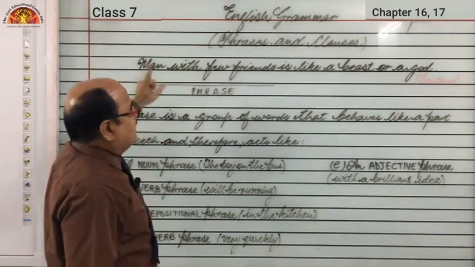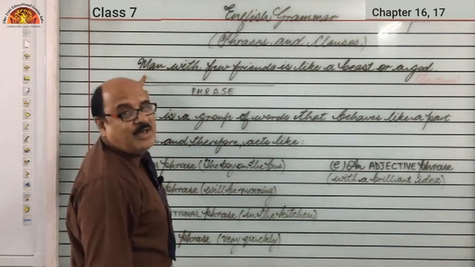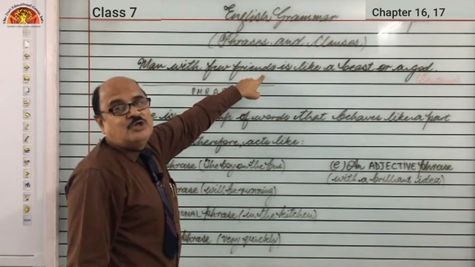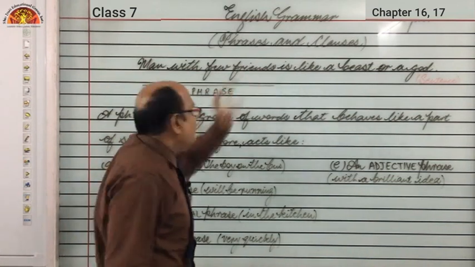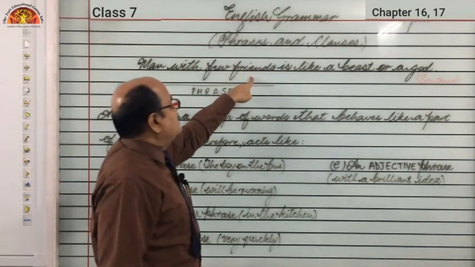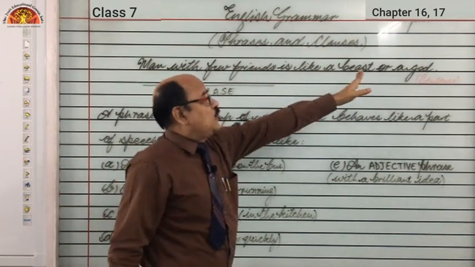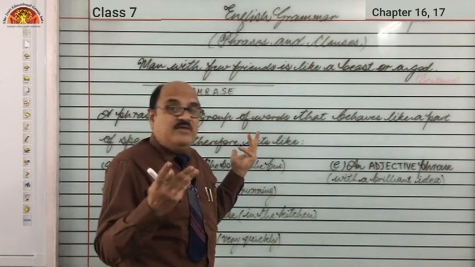So, it has one property of a sentence, that it begins with a capital letter, but it does not end with any full stop, question mark or sign of exclamation. You can see, right? So, man with few friends is not complete, but it is helpful to make the remaining group of words a complete, meaningful sentence.